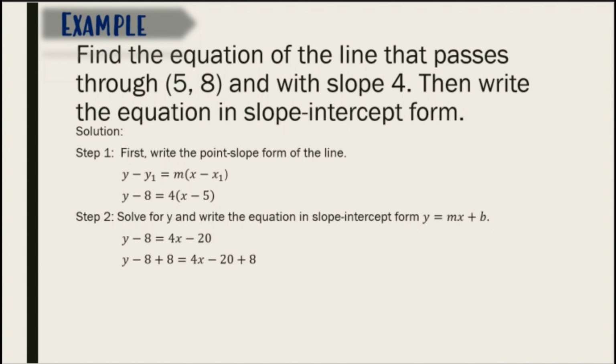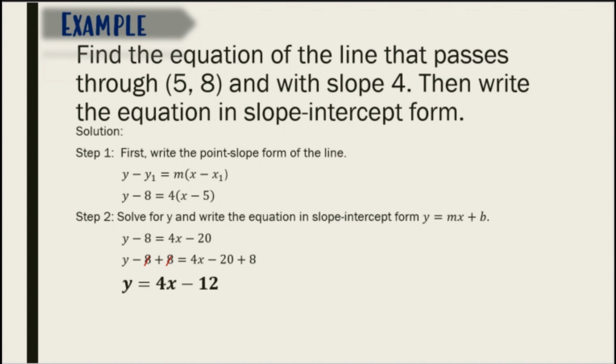This will eliminate the negative 8 on the left side of the equation. We have y minus 8 plus 8 equals 4x minus 20 plus 8. Negative 8 plus 8, that is 0, and negative 20 plus 8, that is negative 12.